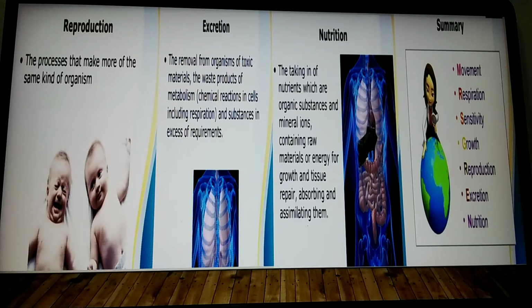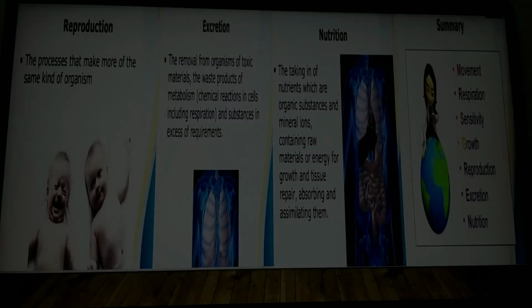And skin is one accessory because it removes extra minerals and excess water in the form of sweat. Another one is the excretory system. You know that kidneys are the main organs, removing waste in the form of urine, and during the digestive process, in the last step, egestion, the undigested fecal matter is thrown out through the anus, and toxic material is thrown out in the form of nitrogenous waste.